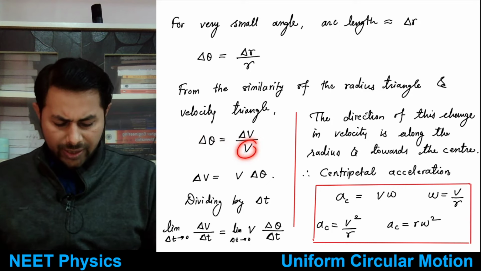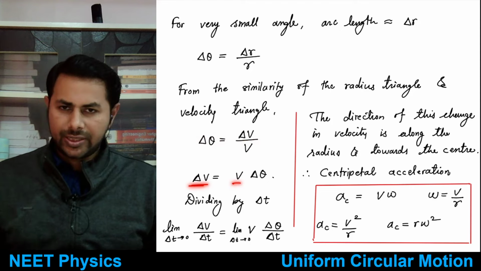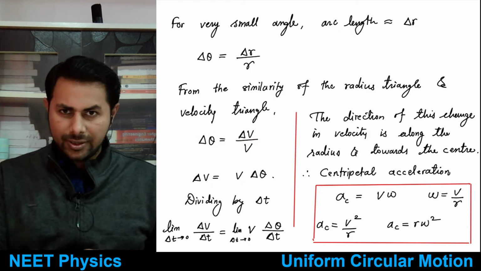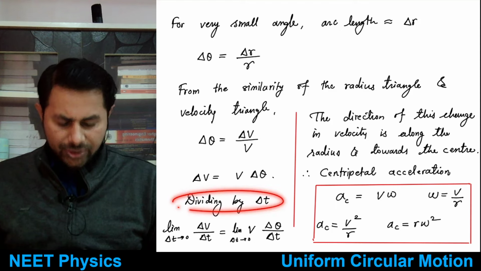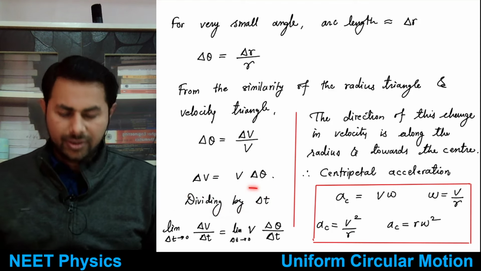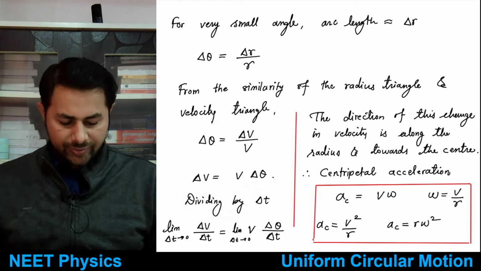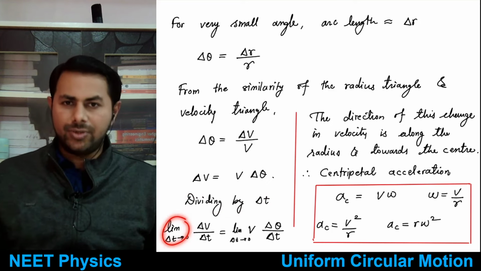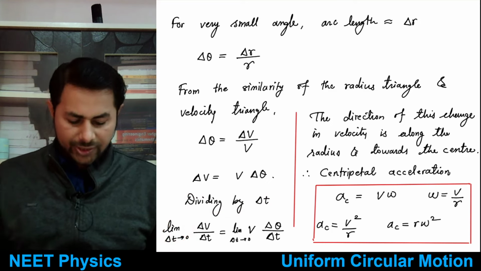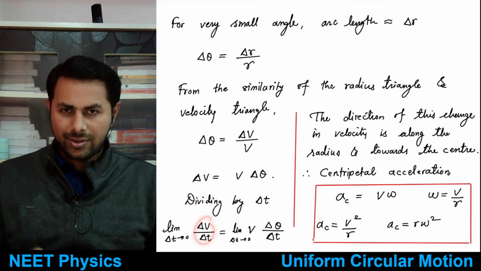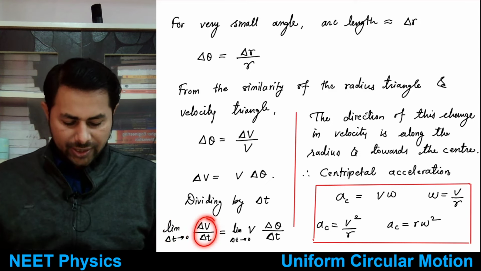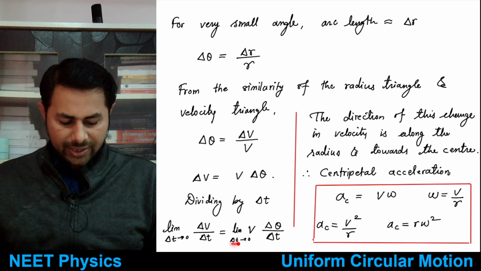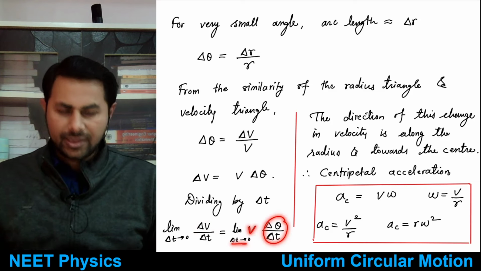So then you can take this v to the other side. So delta v is equal to v times delta theta. Then you just divide both sides of this equation by delta t and apply the limit delta t tends to 0. So you get the instantaneous acceleration, which is the limit as delta t tends to 0 of v times delta theta by delta t.